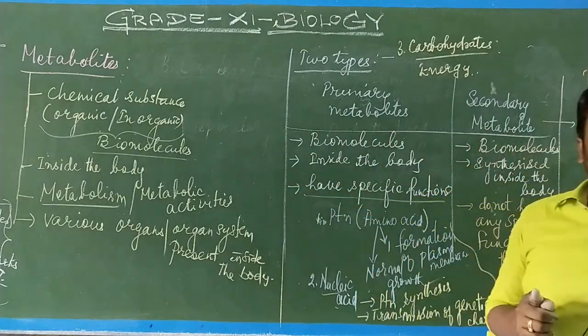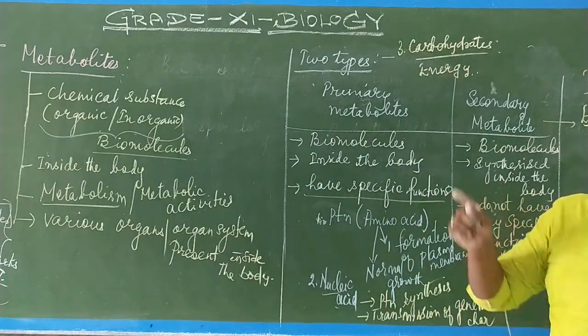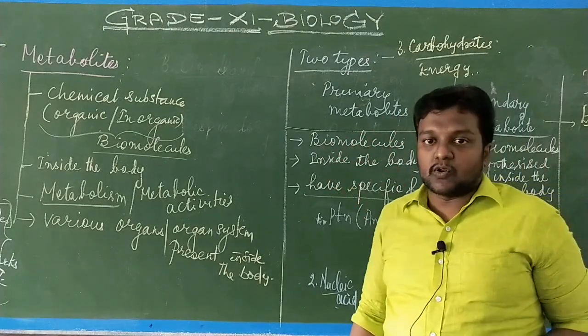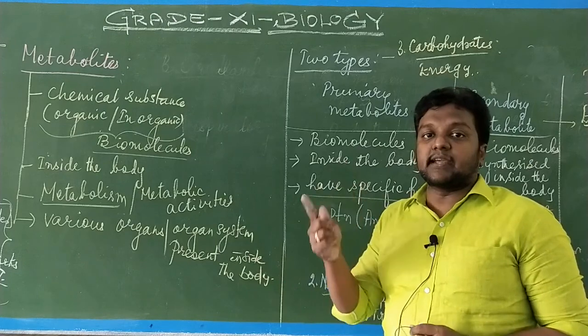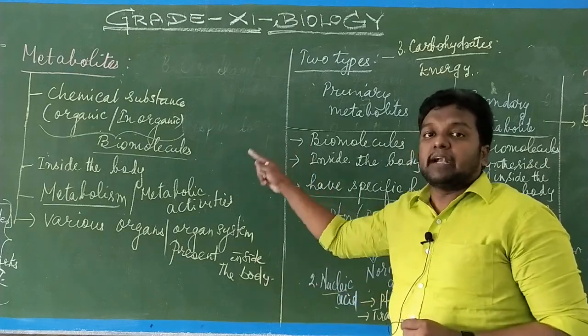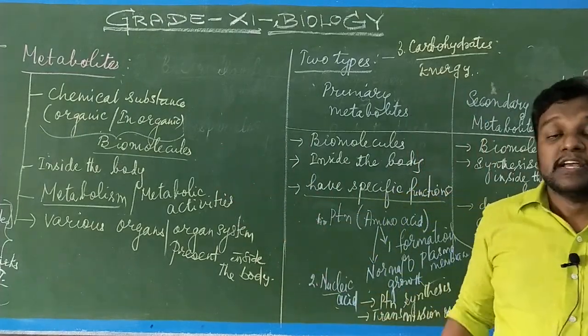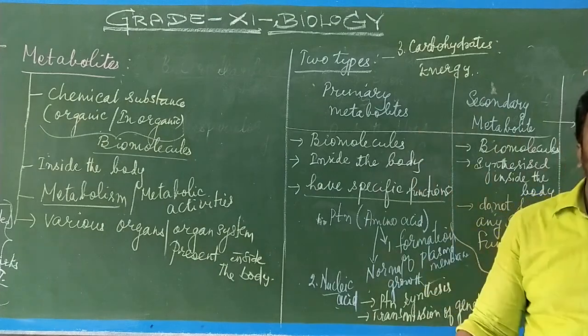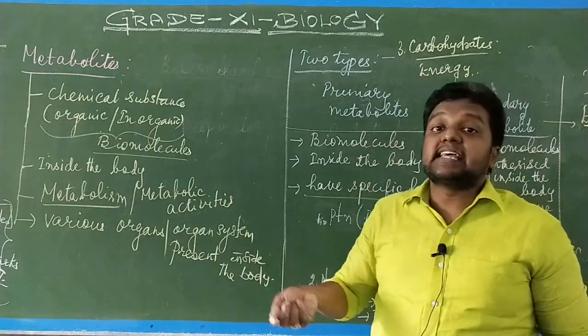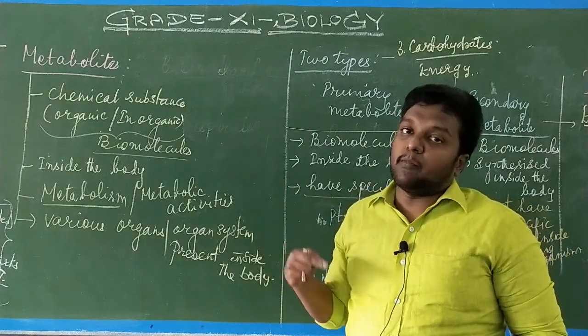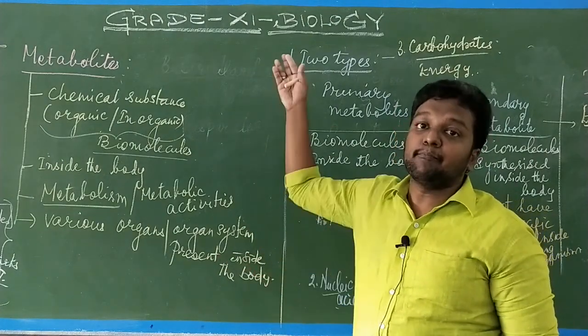So these biomolecules are produced inside the living organisms. How are these biomolecules produced? As a result of metabolic activity or metabolism. So the biomolecules produced because of metabolism, we can call an end product of the metabolic activities. We are calling them metabolites.